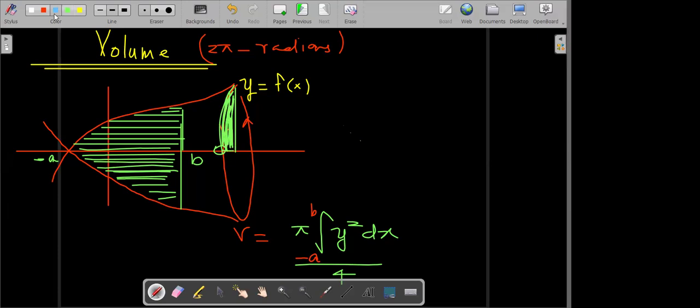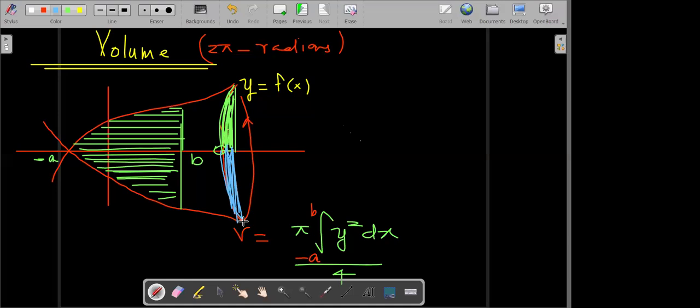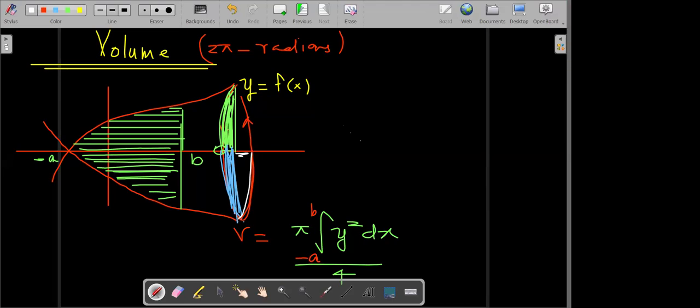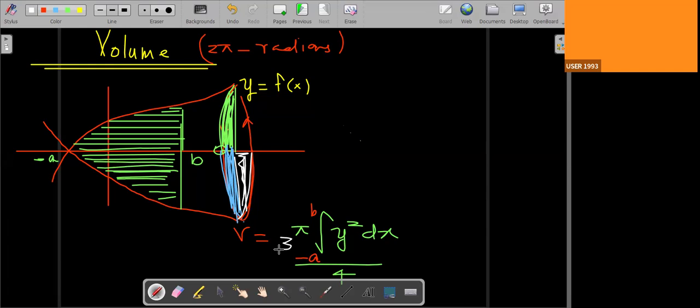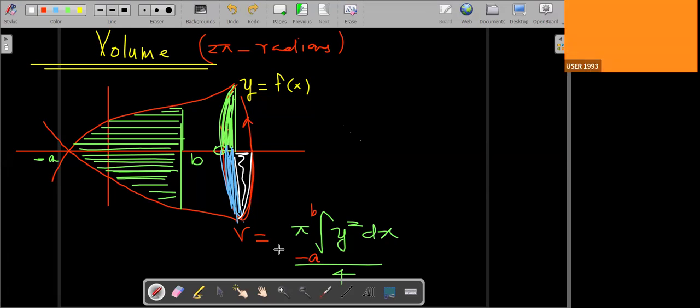Pi means all the way up to this whole thing. 3 pi over 2 means it goes up to this. So then what do you divide it by? 3 over 4, 3 quarters of the whole volume. So multiply the entire top equation by 3 and then divide it by 4, right? Yes, 3 quarters of the whole volume.